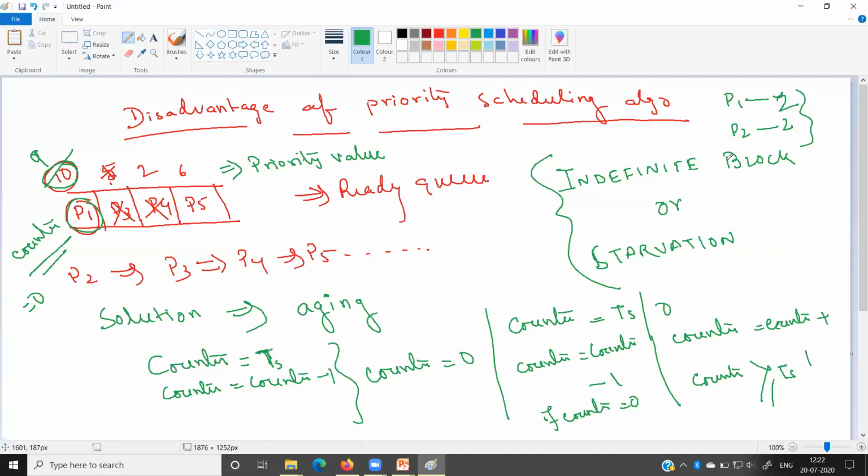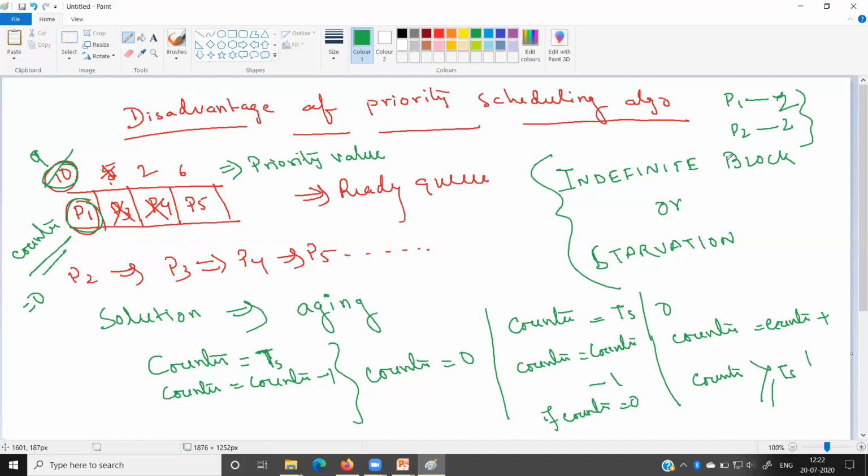Now, the solution for starvation is called aging. What is the solution? We will assign some counter or timestamp to that process, and after execution of each process, the counter value will be either incremented or decremented by 1, and when the counter reaches the threshold, the priority value of the process will be decreased by 1, so that we can increase the priority of the starved process.